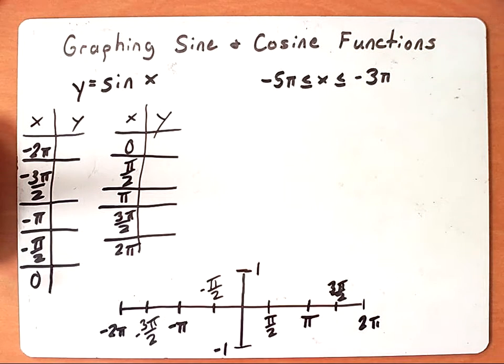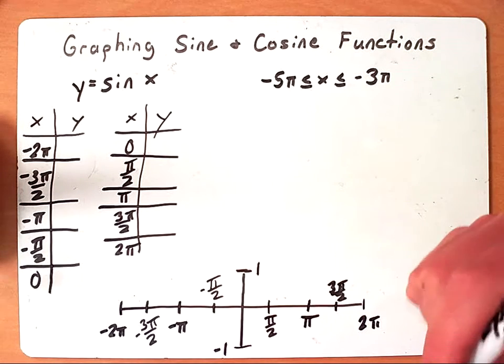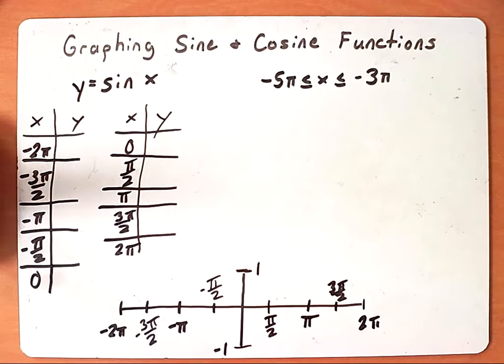Okay. So the first thing we're going to do is start with 0 and find out where sine is 0. Now on your unit circle, the y-coordinate of any point on the unit circle is the sine coordinate, due to the unit circle having a radius of 1. So if you go to 0 on your unit circle and look at the y-coordinate, you would see that sine is 0.